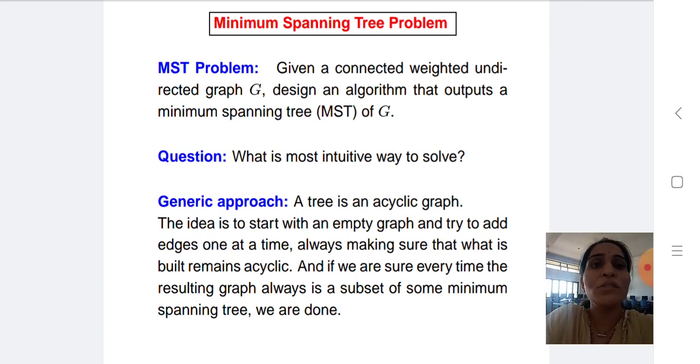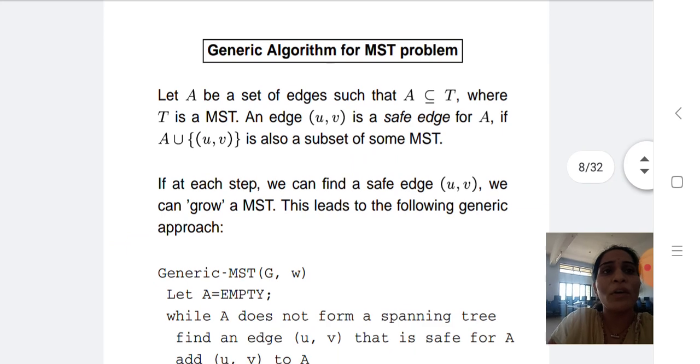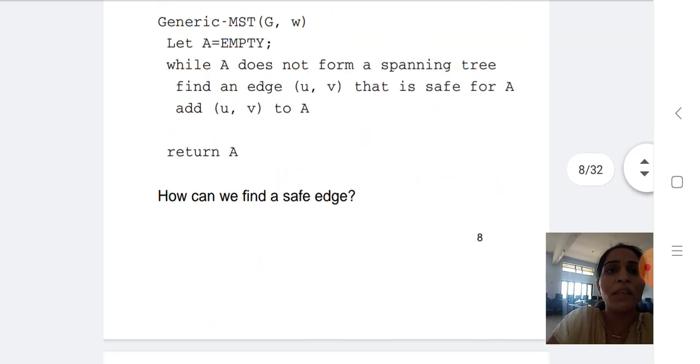The idea is to start with an empty graph and try to add edges one at a time. Always make sure that what is built remains acyclic, and if we are sure every time that the resulting graph is a subset of some minimum spanning tree, we are done. The generic algorithm for the MST problem will be skipped here.